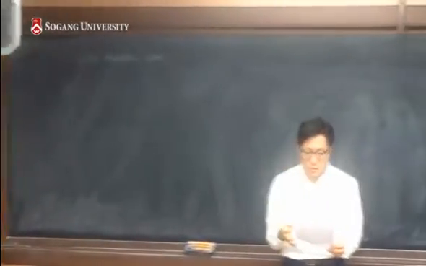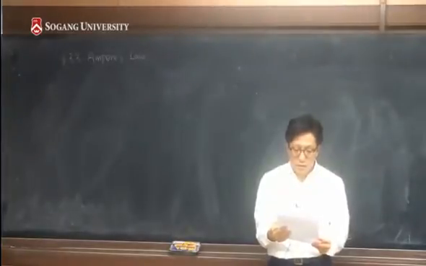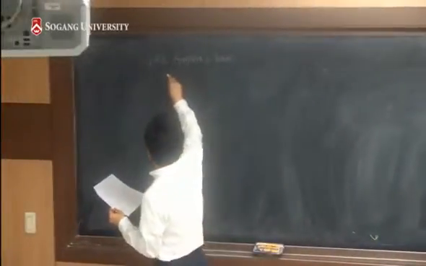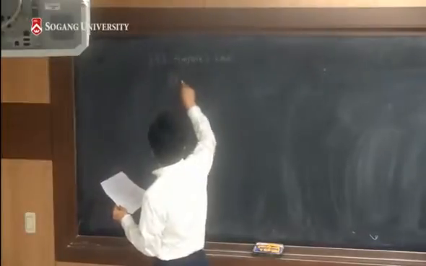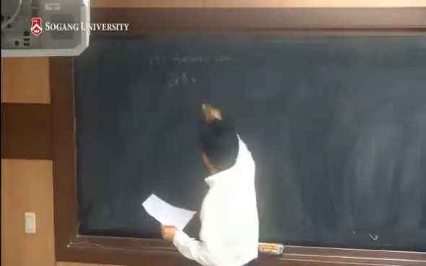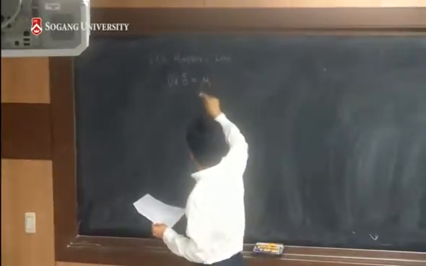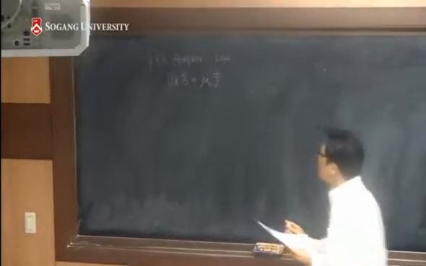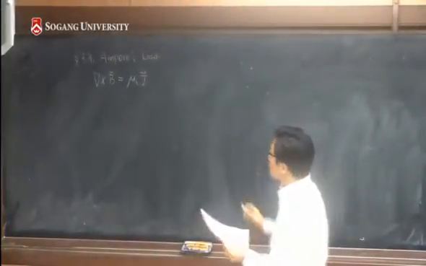Ampere's law is how we relate the current with the magnetic field. The differential form of Ampere's law is that the curl of the magnetic field equals mu 0 times J, where J is the current density in space.